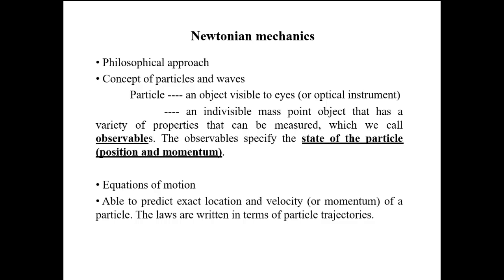A particle has some properties named observables, and the state of a particle is defined by its position in space and momentum. Newtonian mechanics relies on equations of motion of the system, and these equations are able to predict the exact position and momentum of the particle. The laws of motion can be written in terms of particle trajectories.